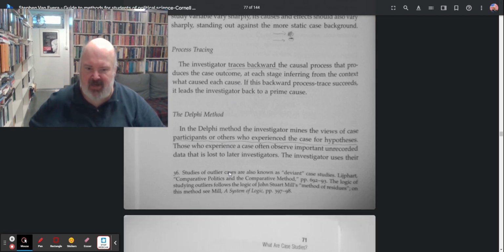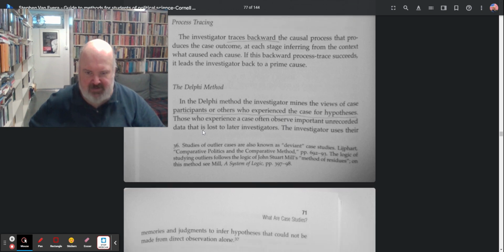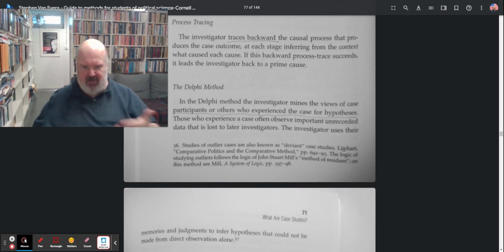Or now, last but not least, Delphi methods. In Delphi methods, the investigator mines the views of case participants and others who experienced the case for hypotheses. Those who experience a case often observe important unrecorded data that is lost to other investigators. In other words, you get a lot of data. You get data that is recorded and that is lost to other investigators, right?